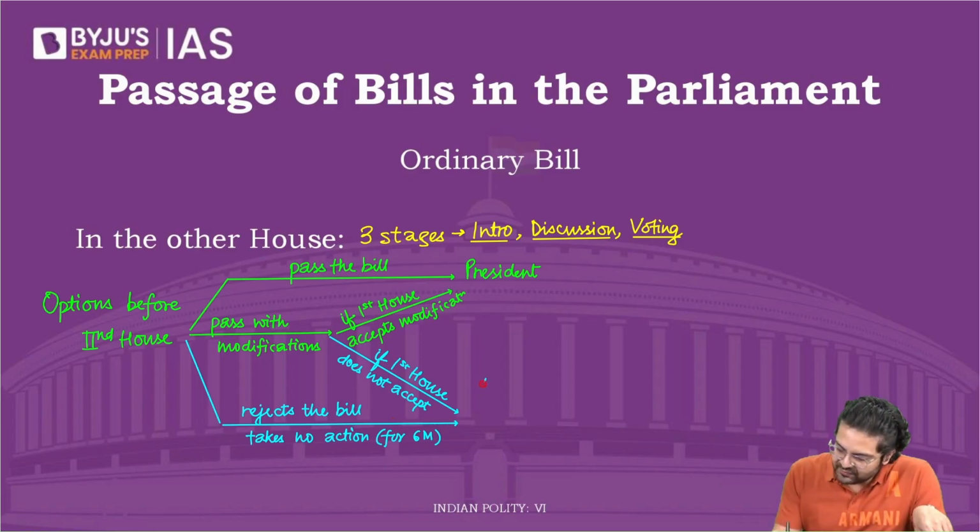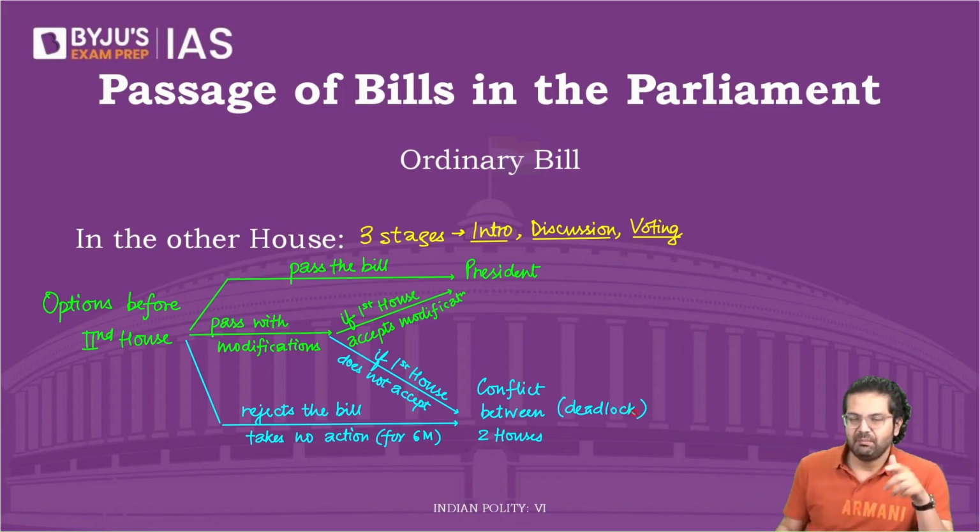Anyway, so there's a conflict between these two in these two situations. So the point is conflict between two houses. You can call it a deadlock. A deadlock has occurred. Bill can't proceed only. Both houses are fighting.